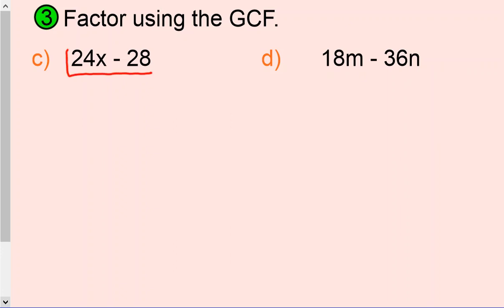For C, if we look for the greatest common factor for 24, we would have 1, 24, 2, 12, 3 and 8, 4 and 6.